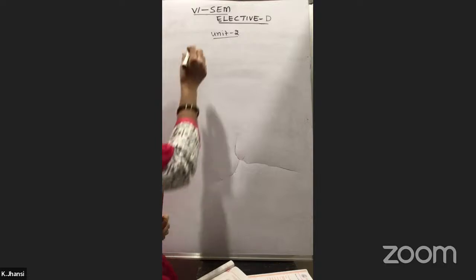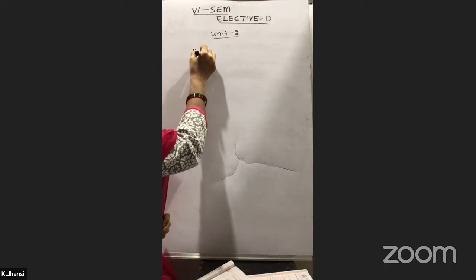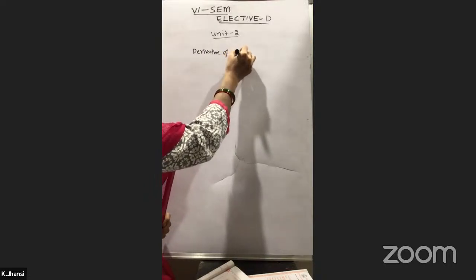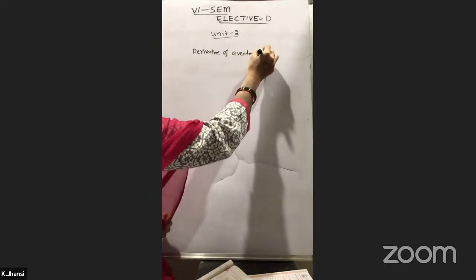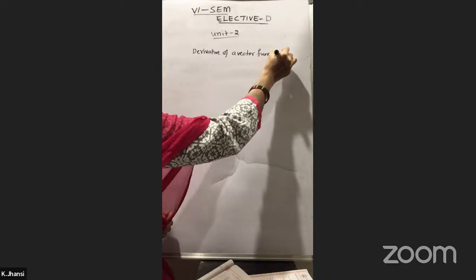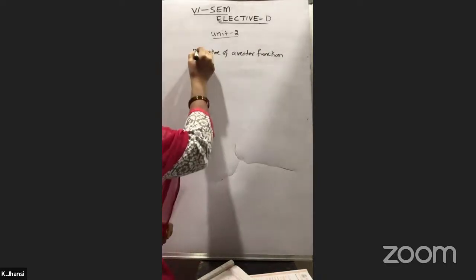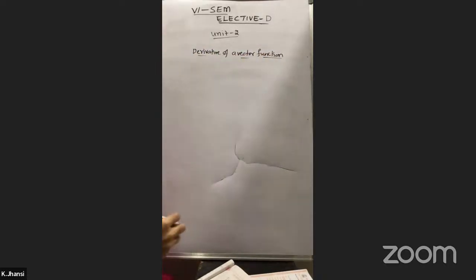So in unit 2, first is the differentiation, that is the derivative of a vector function, and how to find the derivative of the vector function.